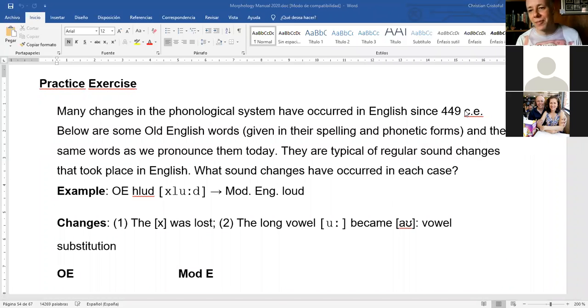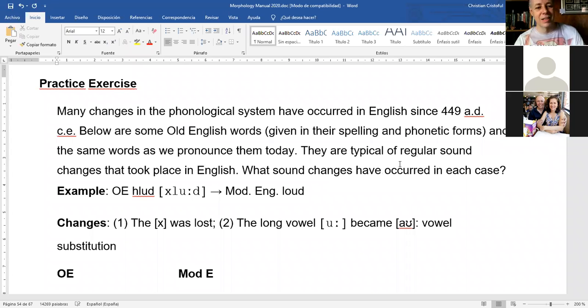It should say, I will change it, AD. Why CE? Who can tell me? Nobody? CE means of the common era. Common era.